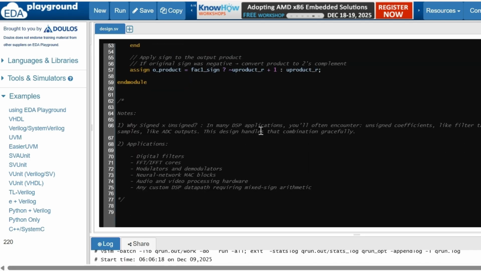So I have listed a few of the very important applications where these kinds of designs can be used. One of the applications would be in ADC systems, where the ADC samples data, which we sample and convert into digital form, and that form is basically a signed representation.